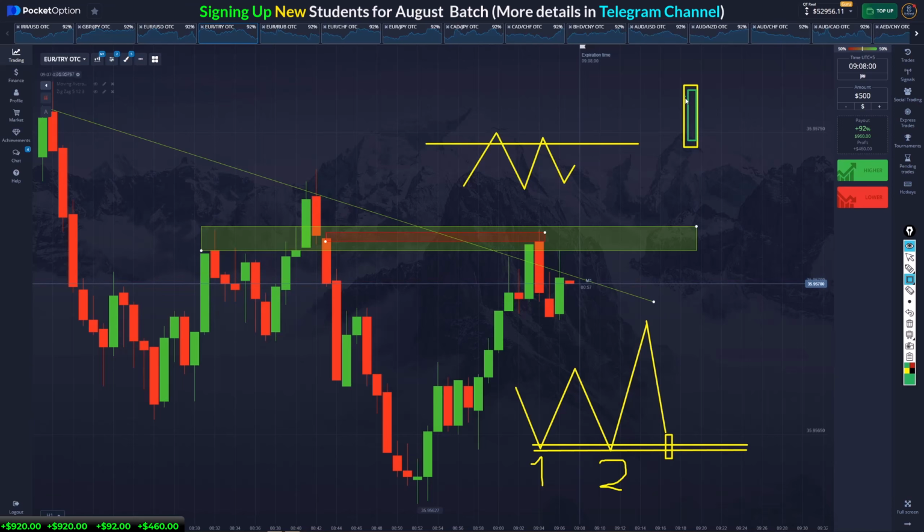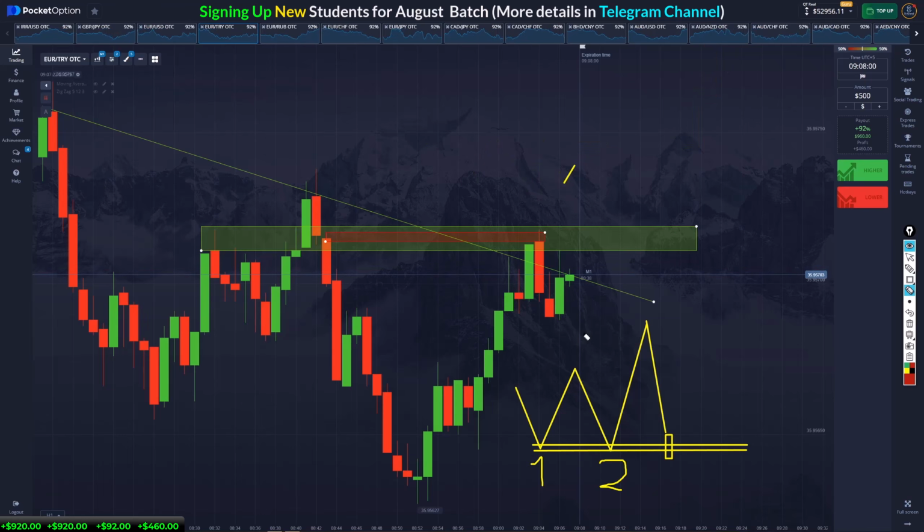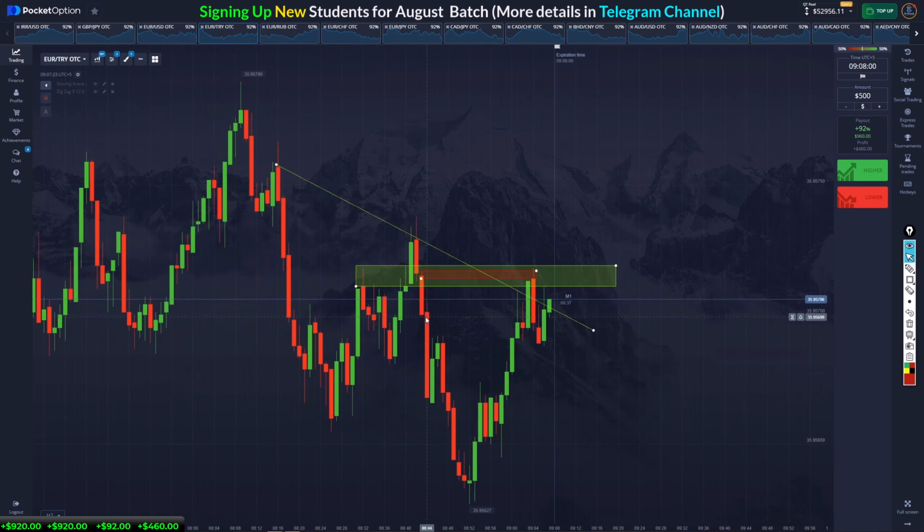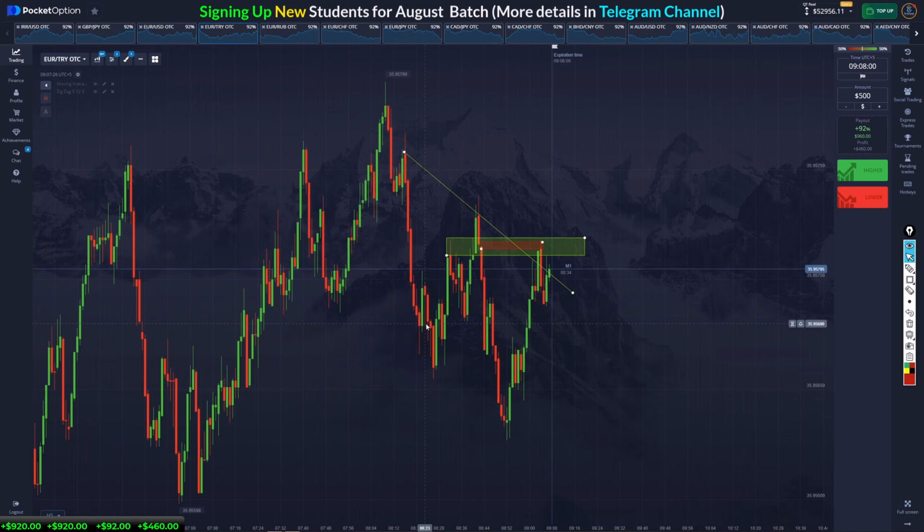Then the next candle opens up with a gap up. This is a confirmation that the next candle will come down. This is a positive confirmation for the sellers. But if the price starts with a gap down, that is for the buyers. So we need to be careful, and maybe we should avoid going with the sellers.